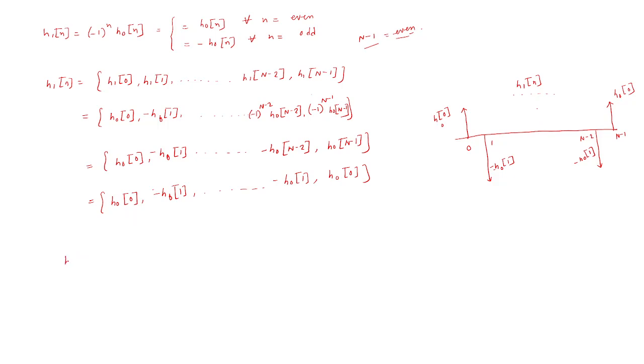So you can see h1 of n is also even symmetric, and the length n is odd, therefore the order n minus 1 is even.